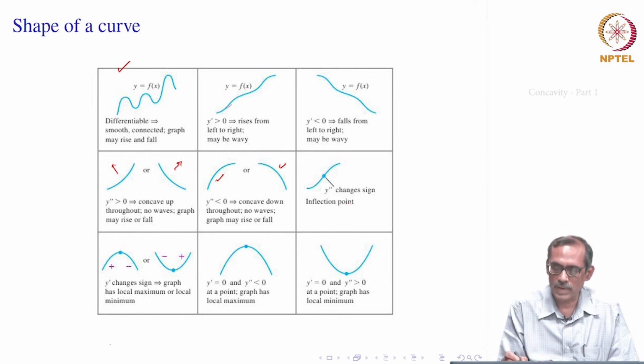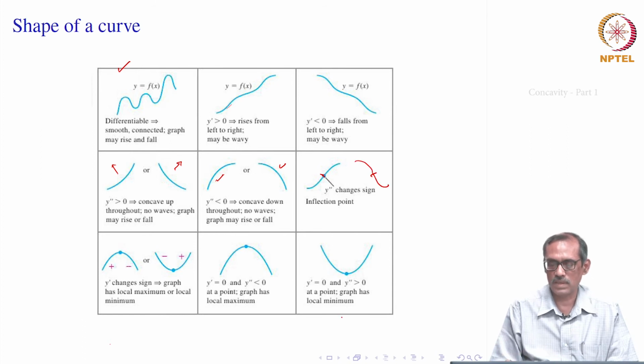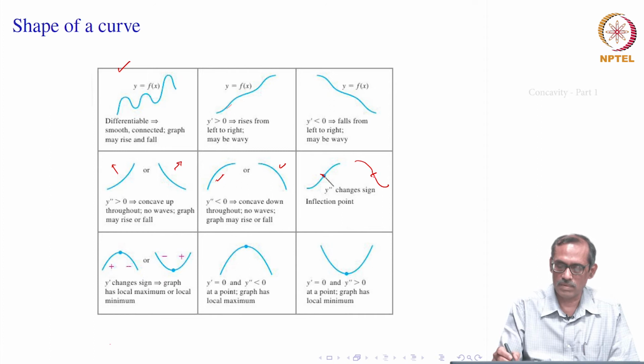And if y double prime has an inflection point somewhere, then it may be concave up and then concave down, or it can be concave down and then concave up. It may also look like this, where y double prime changes its sign, that can happen, but not uniformly like the other two which we discussed earlier in 4th and 5th.